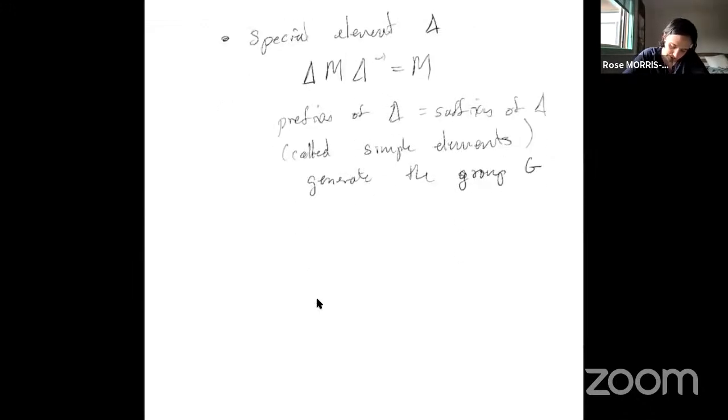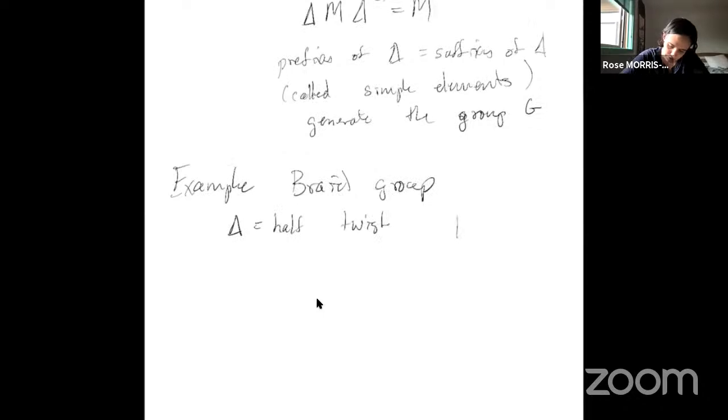So let's see an example here, because I know I just threw a bunch of abstract nonsense at you. The classic example is the braid group. This delta element is the half twist. I should draw this. Let's just do 4 strands.